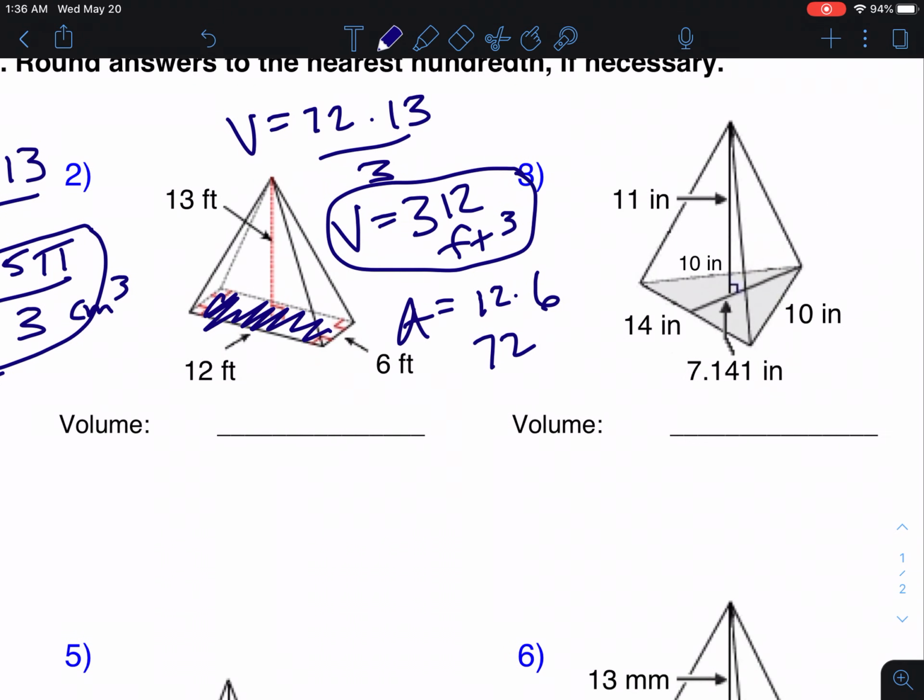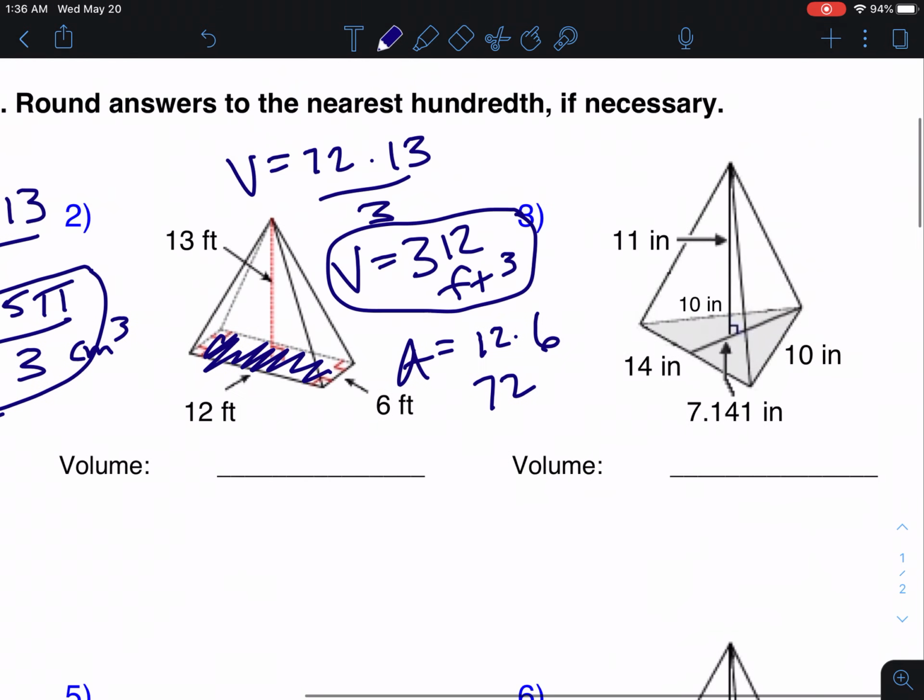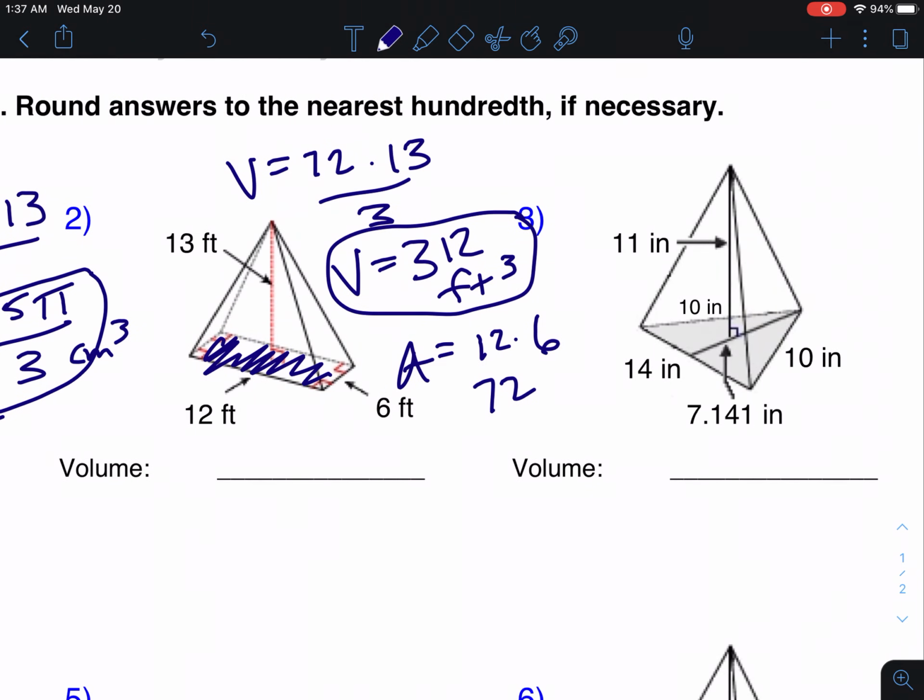All right. Last type here I'm going to show you is this one. Again, we're going to find the area of this triangle down here. This is a triangular prism. So we're going to find the area of that and then multiply it by 11, and then divide that by 3. So the area of the triangle is base times height divided by 2.